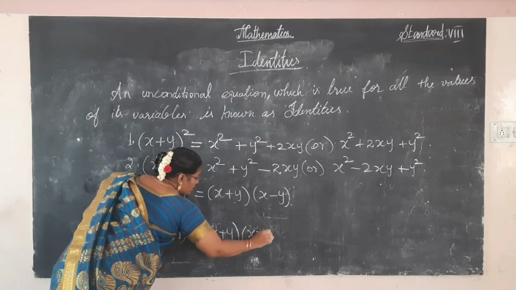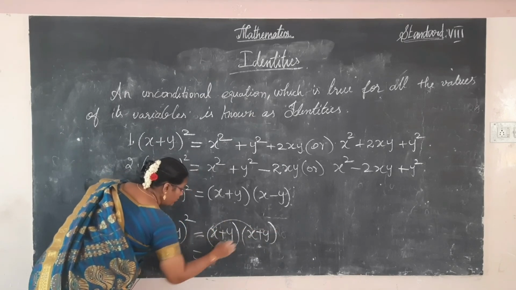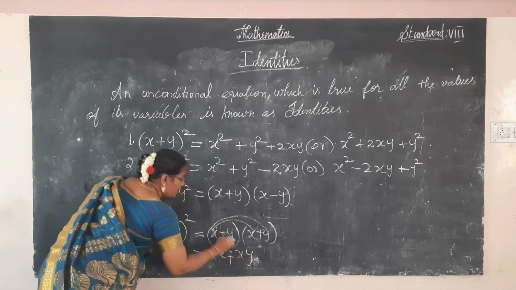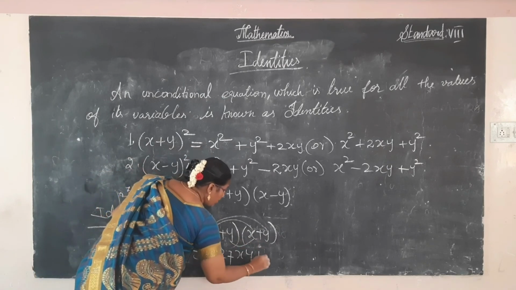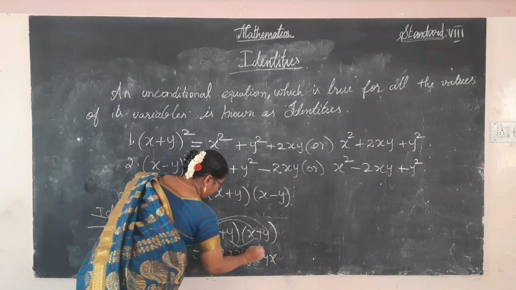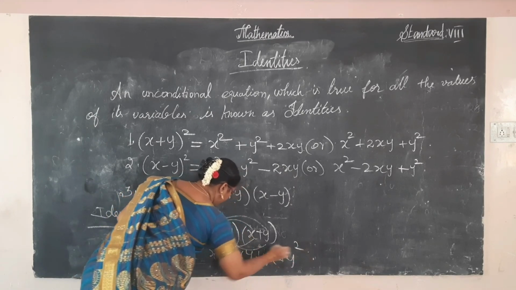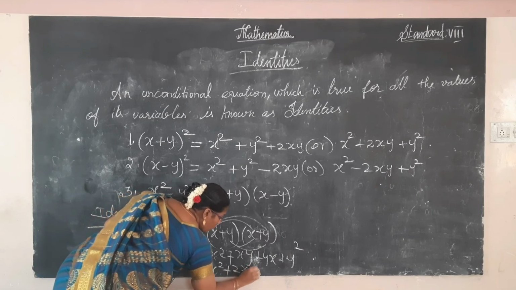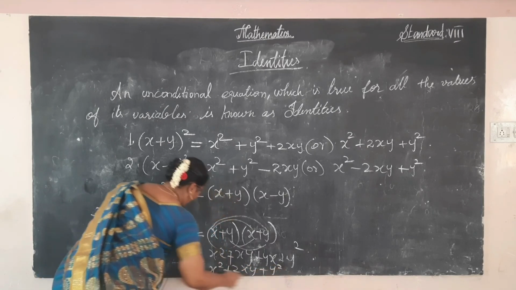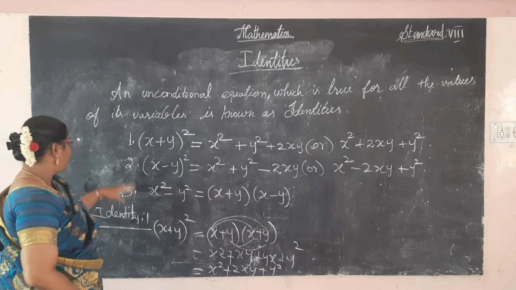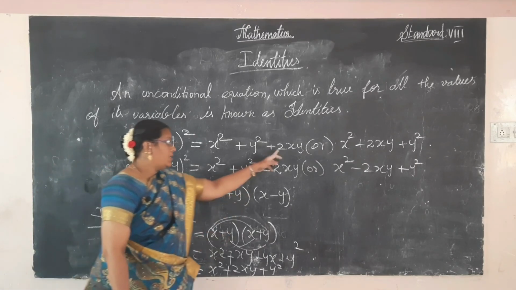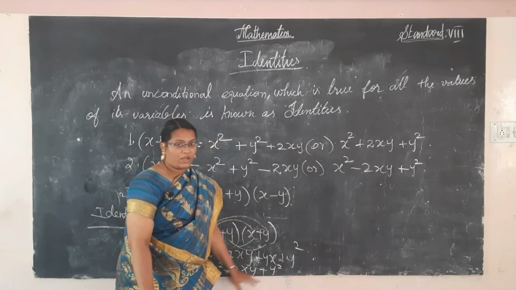So multiply each term: x square, plus xy. And this term by this: yx plus y square. So adding, we get x square plus 2xy plus y square. That is the formula. So x plus y the whole square is equal to x square plus 2xy plus y squared.